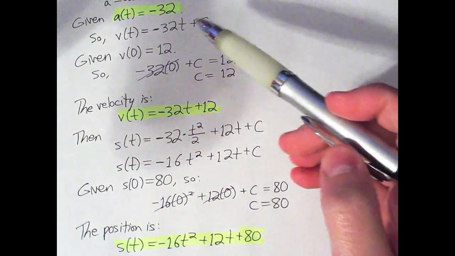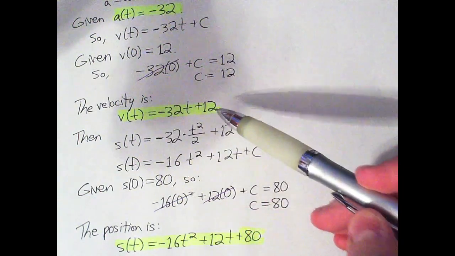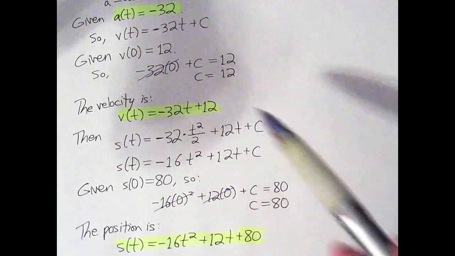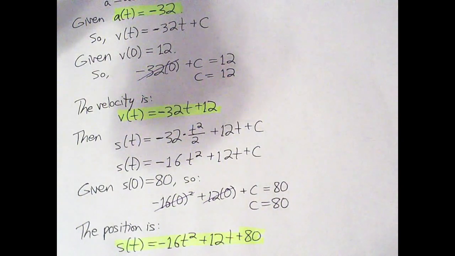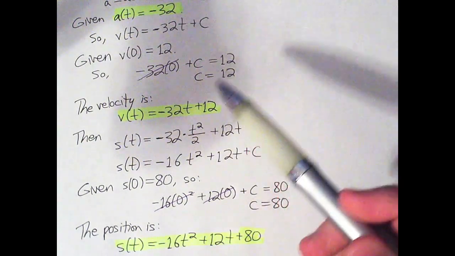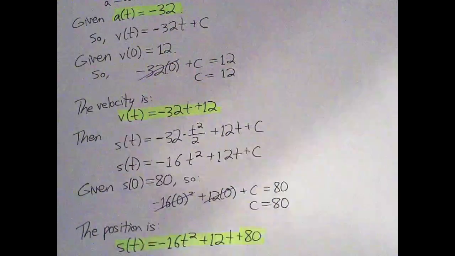You want to know its acceleration? I can tell you that. Its velocity at a certain time? I can tell you that. Its position at a certain time? I can tell you that. So having all three lets us answer a variety of questions. If you're not sure what to do in a word problem, a good strategy might be to find all three of these and then take a second look at the problem.